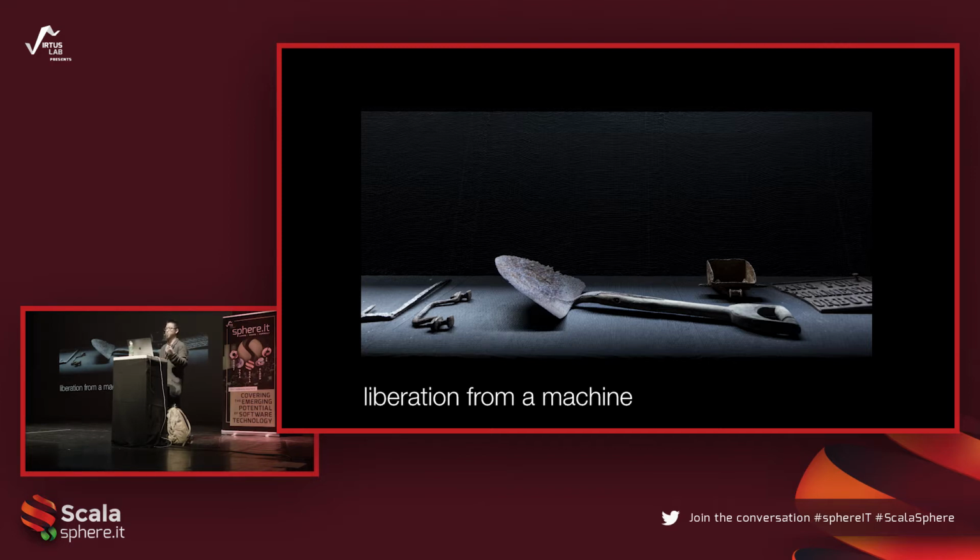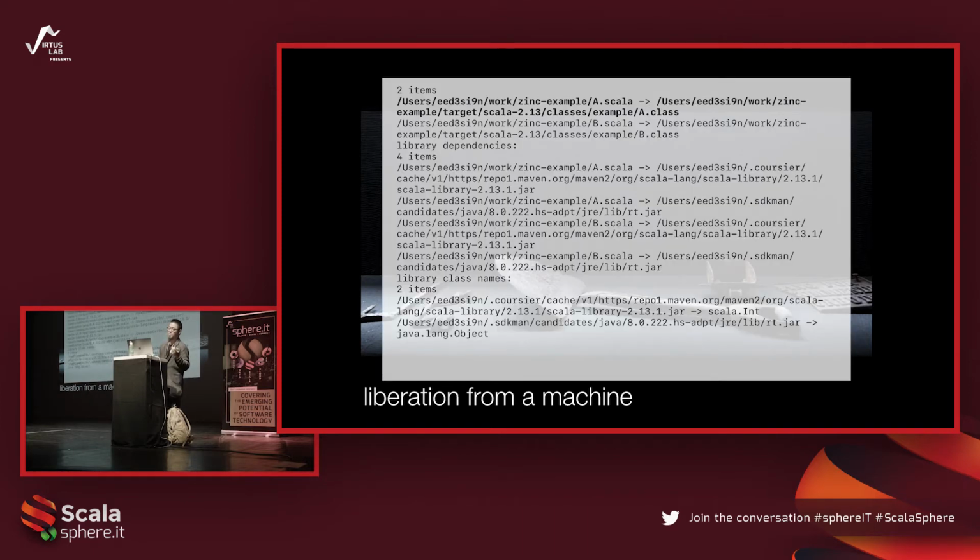If you look into the analysis file in Zinc, it looks kind of like this. There's a whole bunch of information about your particular machine, mostly in the form of absolute paths, right?